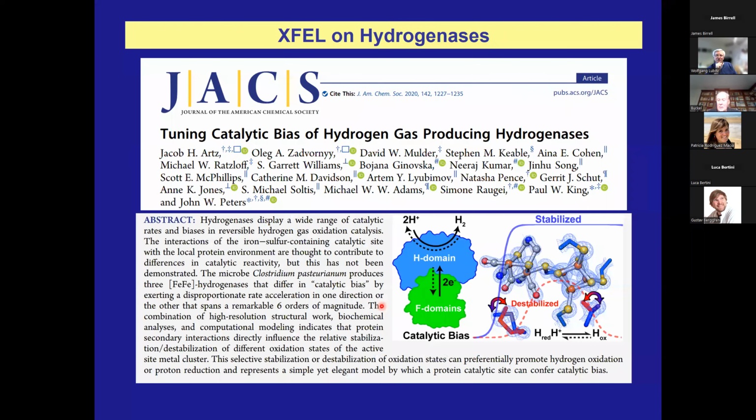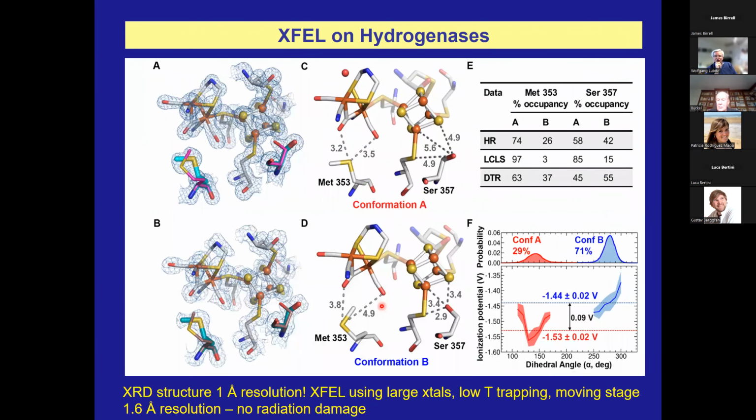And they came up with a recent paper, the Artz et al. paper by King and Peters group, and used this technique to look at structural changes and conformational changes. Usually when you hit with an X-ray in a normal X-ray structure, even at 1 angstrom resolution, there are still effects on these bonds and on these angles and so on, and some damage, which cannot be avoided.